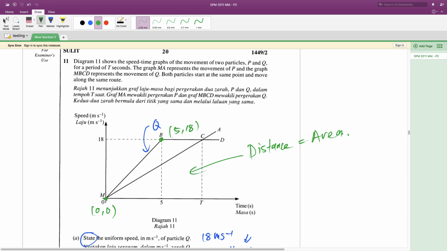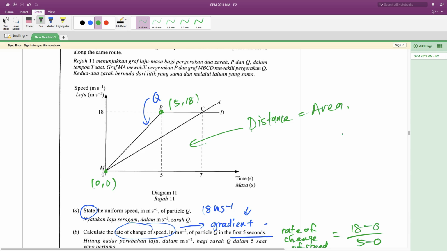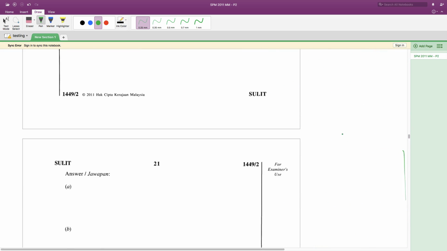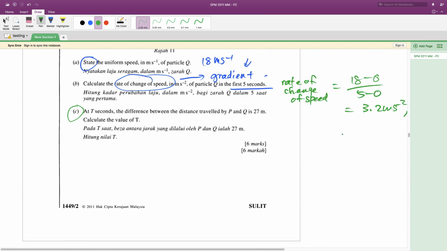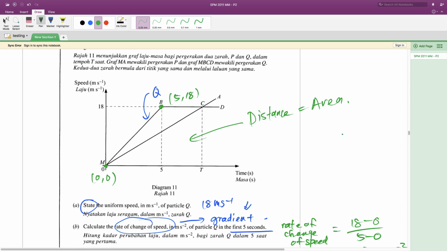The question says their difference of distance is 27. So I will have a trapezium here. For particle Q it is a trapezium, for particle P it is a triangle. Do you see? Q's area is the trapezium, and P's area is a triangle.